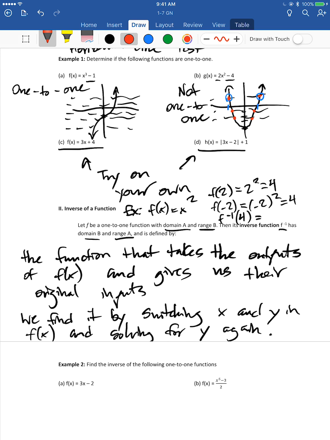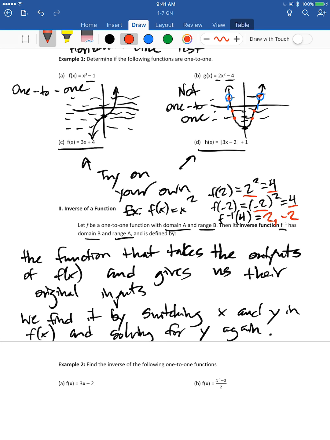So my original inputs for 4 were 2 and negative 2. So for this f inverse, my one input, 4, is giving me 2 completely different outputs. That fails our definition of a function. So in this particular case, for f of x equals x squared, there is no inverse. It just is not a function. So that is why we care so much about our f being one-to-one.